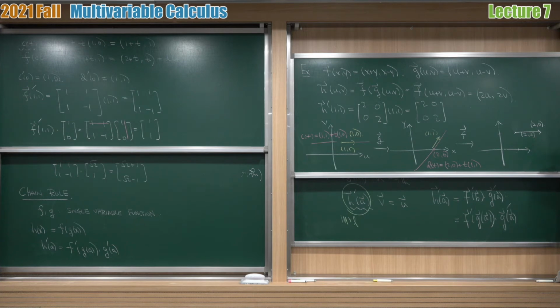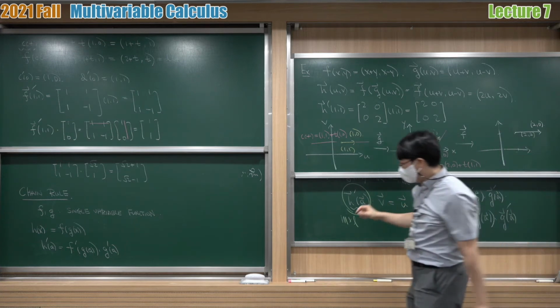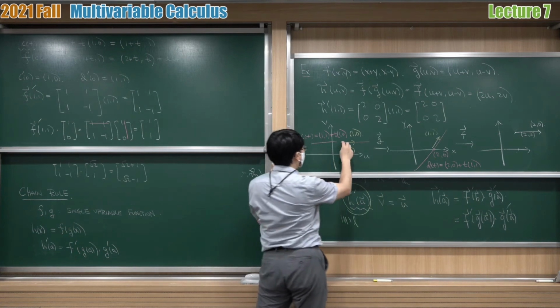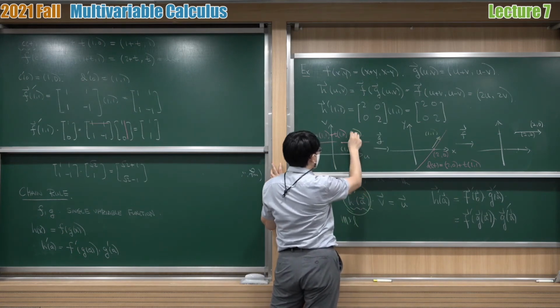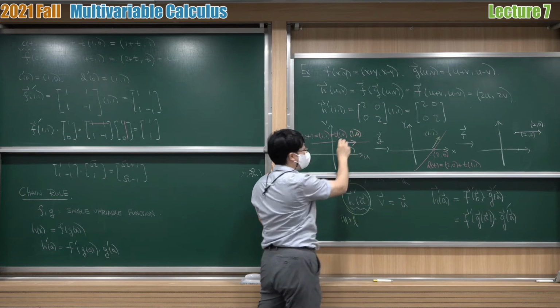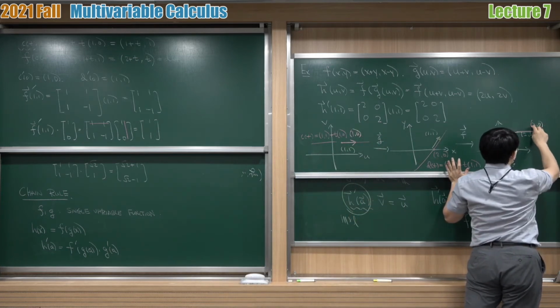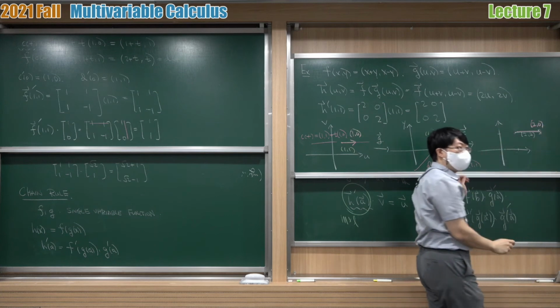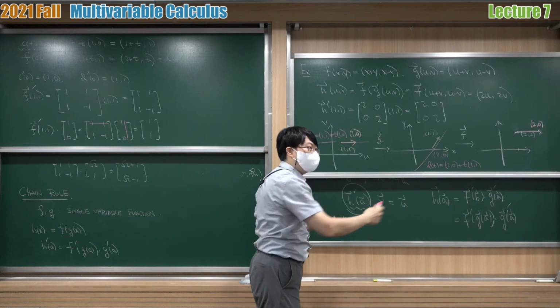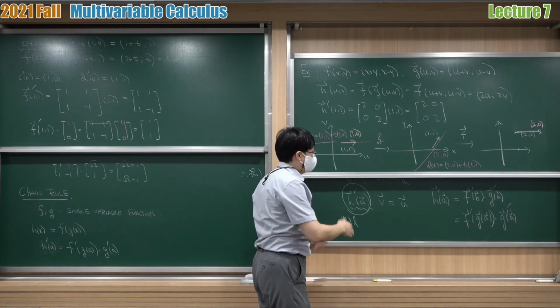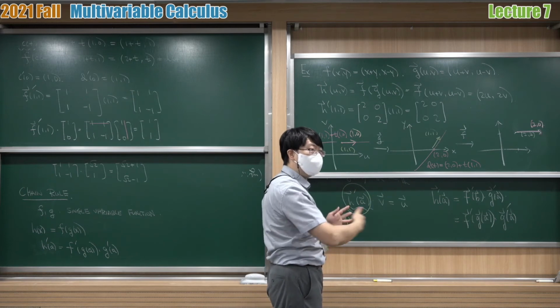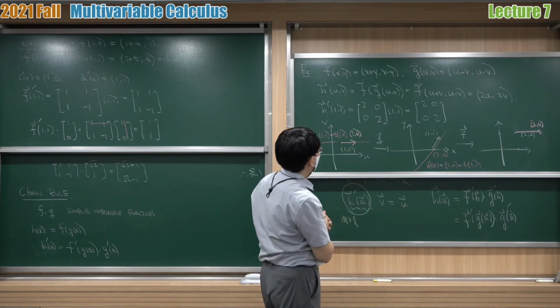Right? So let's compare the product. Here we have a movement in the 1, 0 direction, and the result was it moves to 2, 0. The direction is the same, but the speed is twice as much as before.